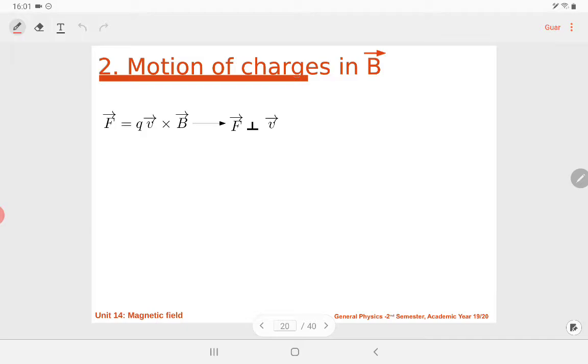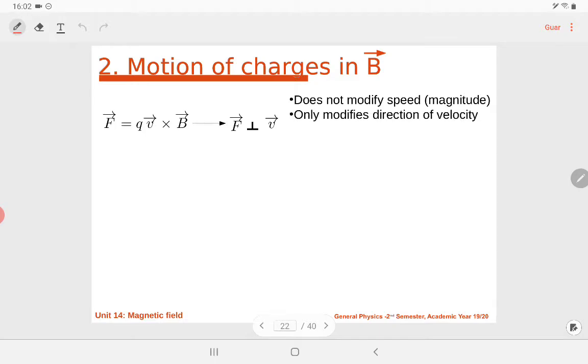We already said that this force is perpendicular to the velocity of the particle. So this implies that it cannot modify its speed, the magnitude of the velocity, because the force is perpendicular to the velocity. What it can alter is the direction.